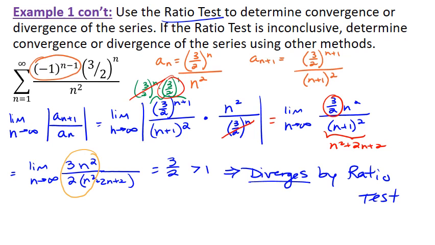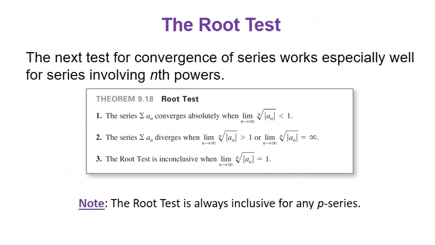Well, of course, we have another test called the root test. So this test is nice when we are taking the square root of something. Okay, so again, similar to the ratio test, the root test has 3 parts also. The series will converge absolutely when this occurs.